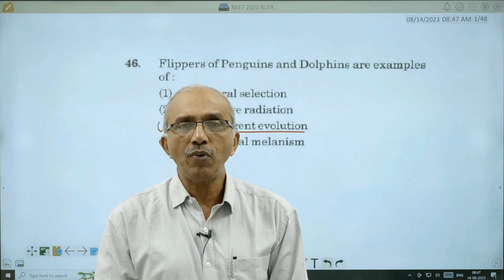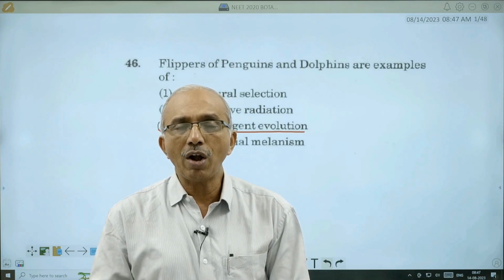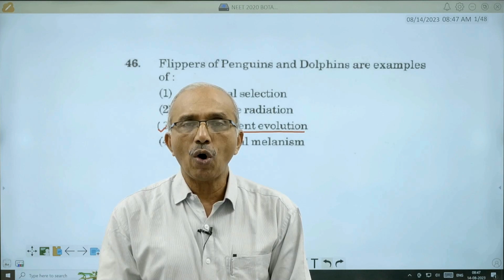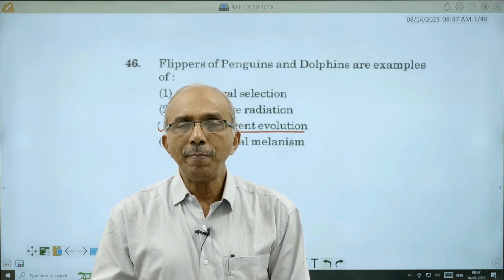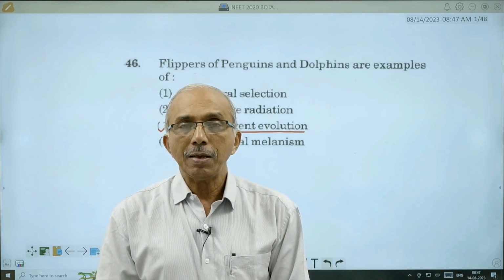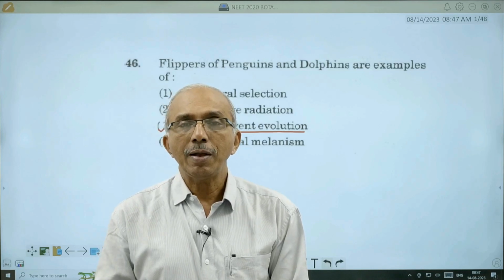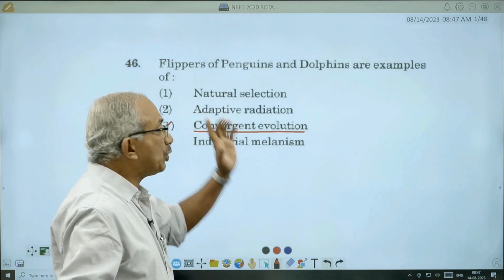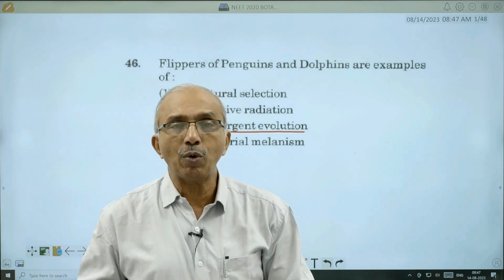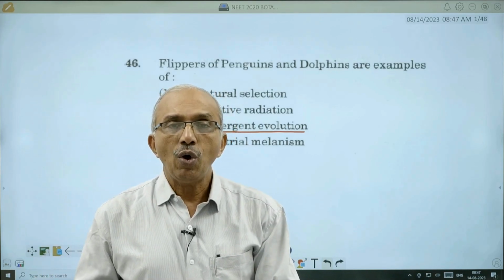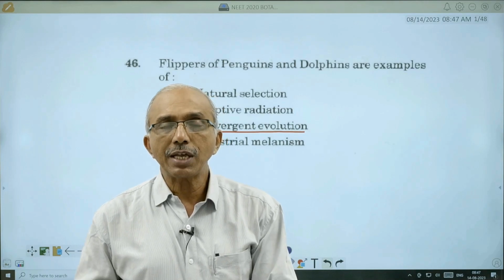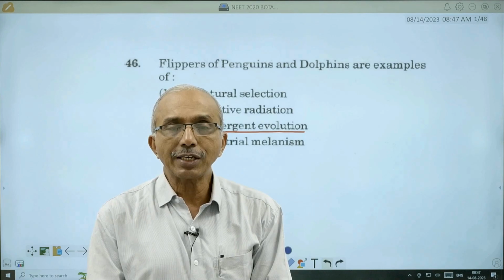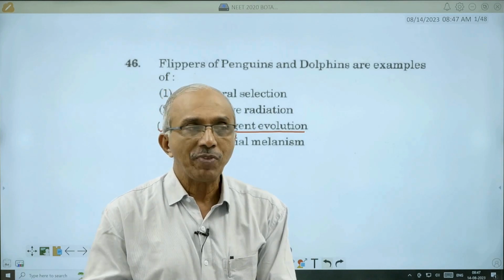Flippers of penguin and dolphin are analogous organs, that is, organs having different basic structure but performing the same function. Natural selection is a process in which organisms having favorable variations are selected by nature.